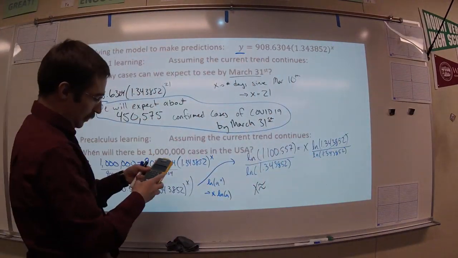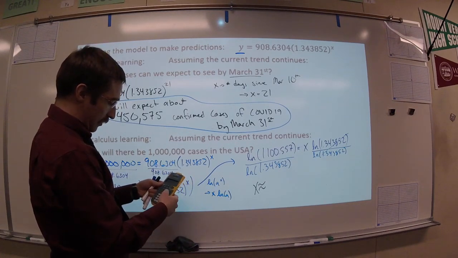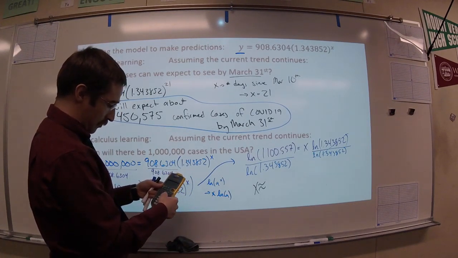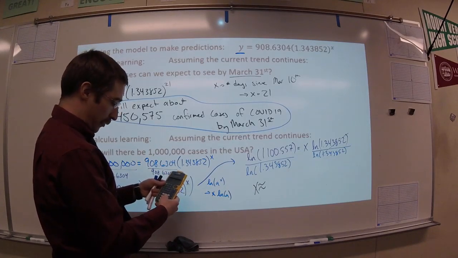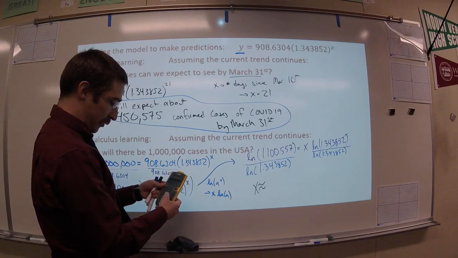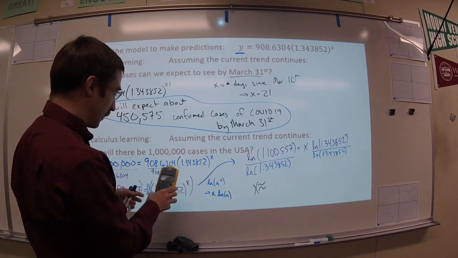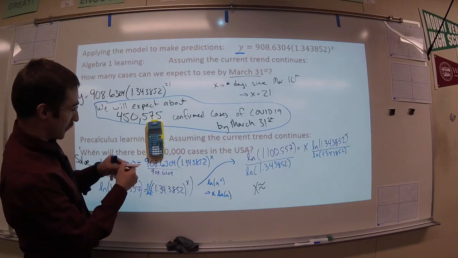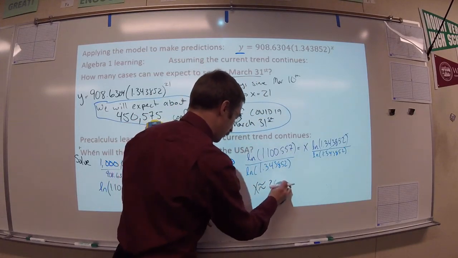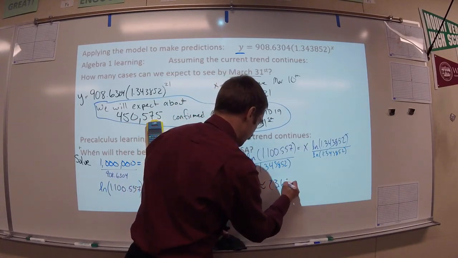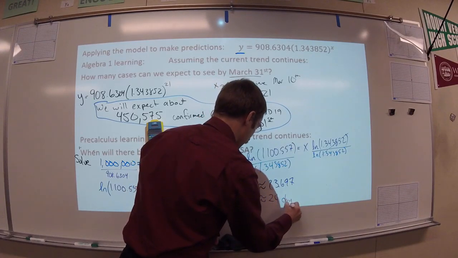So, go to the calculator, use my fraction button, natural log of the previous value that we just had, divided by the natural log of 1.343852. And that gives me approximately 23.697, or about 24 days.